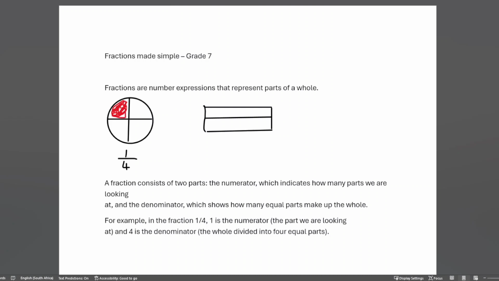So here we are showing that we are representing just the 1 over the 4 wholes, right?